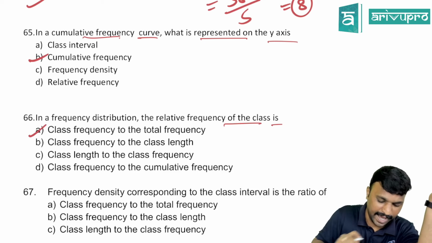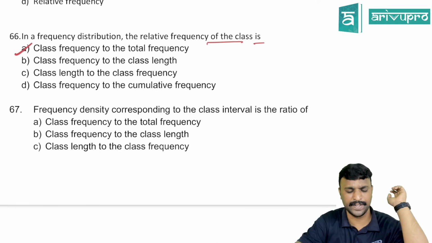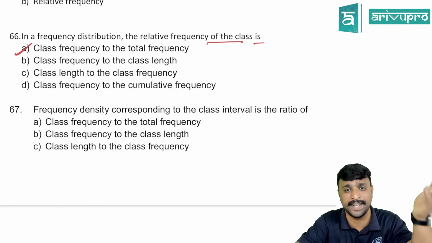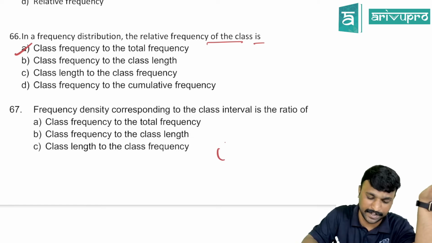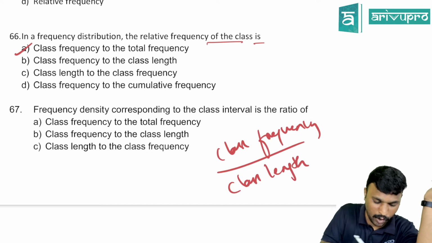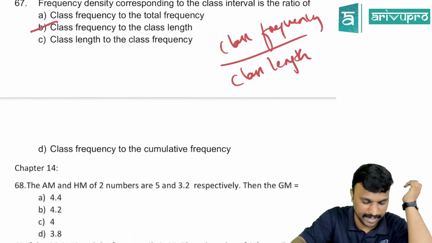So option A is the answer. Guys, frequency density corresponding to the class interval is the ratio of, what is frequency density? Class frequency to the class length. Class frequency divided by class length is the definition for frequency density. So option B is the right answer.